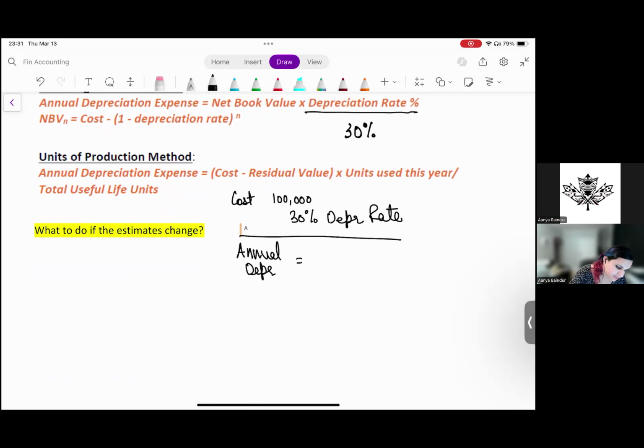So let's see how much that is. 0.3 times 100,000, which is 30,000. So after the first year, the value has gone down by 30,000. So let's find the net book value. Net book value after that is 100,000 minus 30,000, which leaves a value of 70,000.